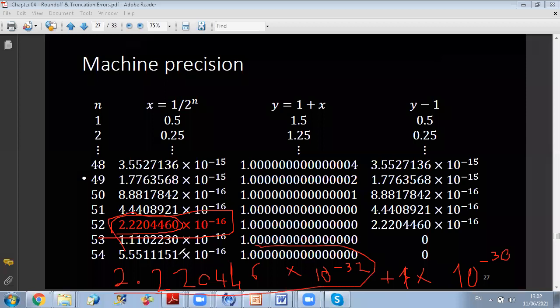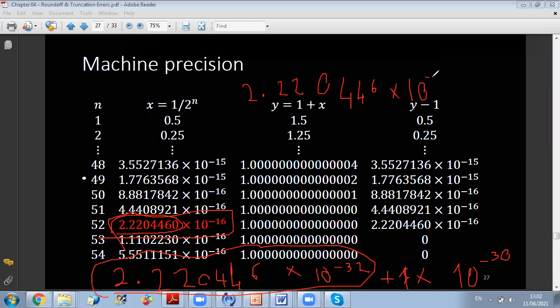So this number can be written as 2.220446, and instead of 10 to the minus 32, you divide it into 10 to the minus 16 times 10 to the minus 16, okay?